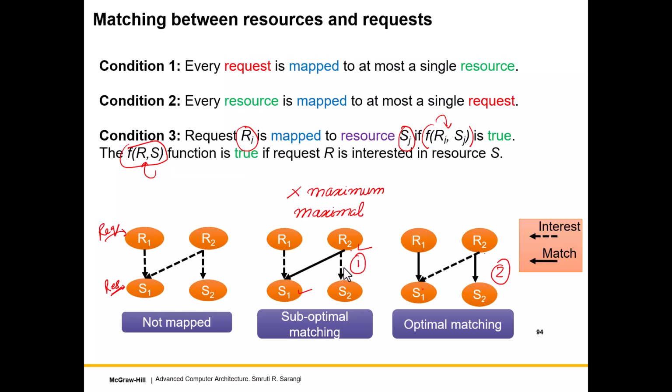This indicates that this is maximum. Anything maximum is also maximal, but the previous case is not maximum, only 1 is being mapped, though it is maximal in the sense we can't make any forward progress. So suboptimal matchings can be maximal, but an optimal matching is always maximum and consequently maximal.